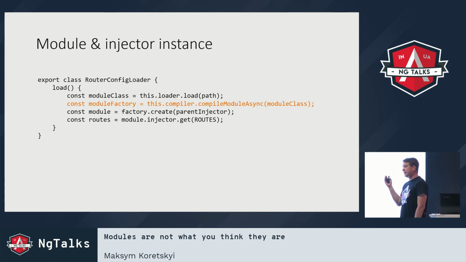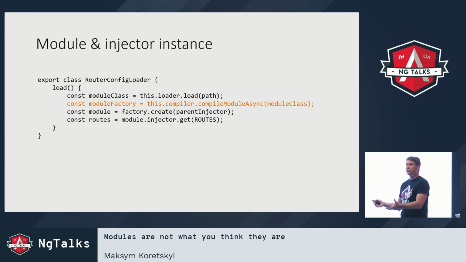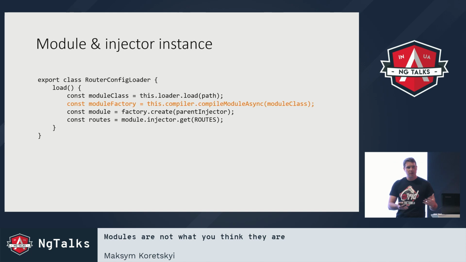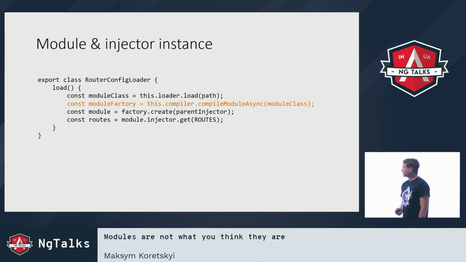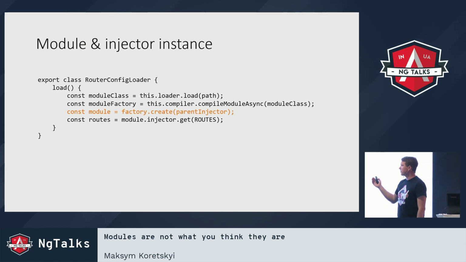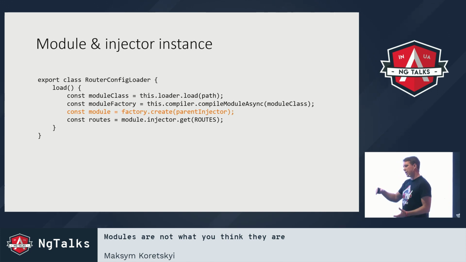Well, it's easy. Once we have a factory of a module, we can create an instance of a module, similar to components. Once we have a factory for a component, we can create an instance of a component. Here, the Angular router calls the create method, passing a parent injector to create a hierarchy of injectors.